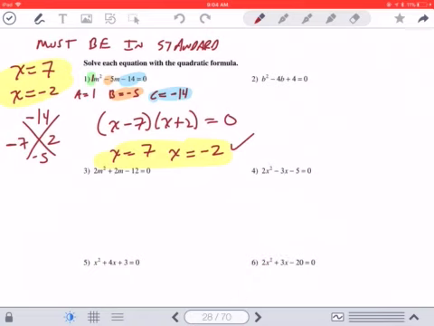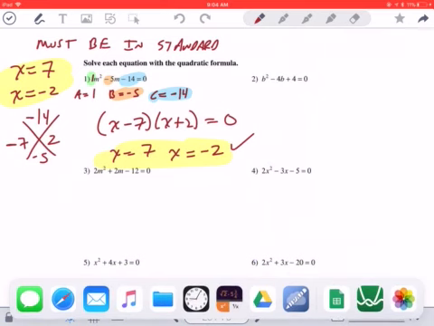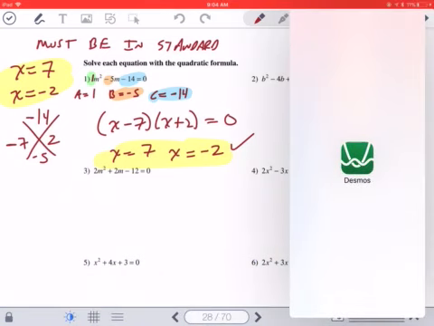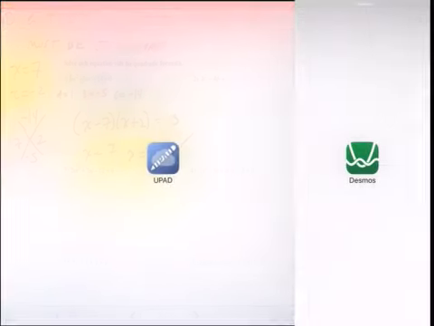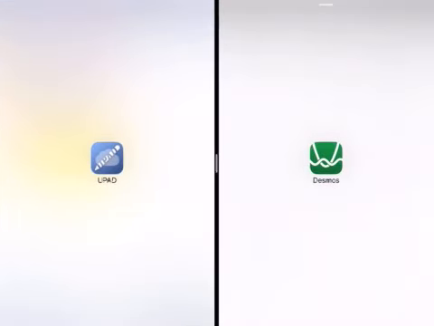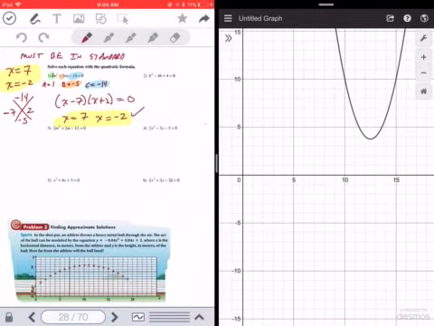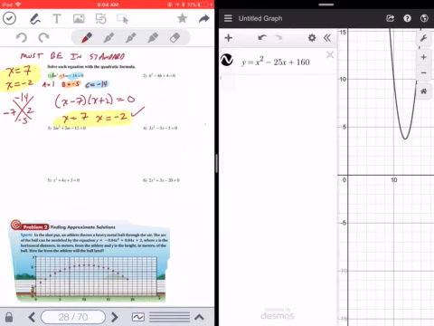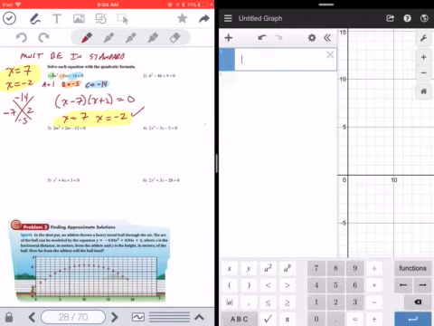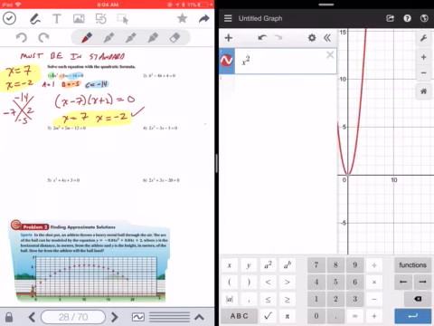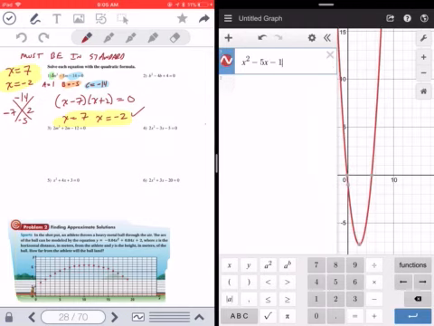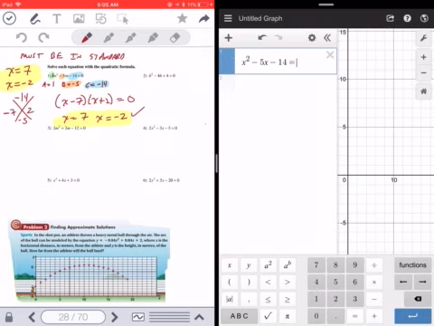Okay, I could also graph this in Desmos. So if I were to graph this, just to show you that there's different ways to solve it and you get the same answer, I'm going to type in x squared minus 5x. It says m, I'm just using x, 5x, and then minus 14. Okay, equals, I can put y there if I wanted to.